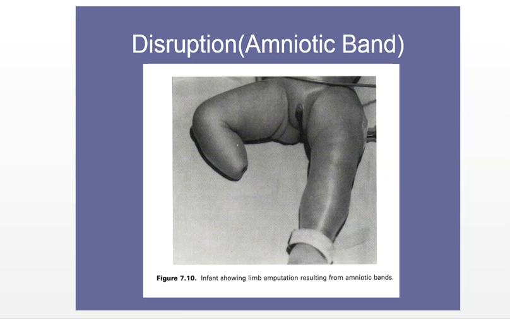Another thing is premature rupture of the membranes. It refers to rupture of the membranes before uterine contractions begin and occurs in 10% of pregnancies. Preterm premature rupture of the membranes occurs before 37 completed weeks of pregnancy, occurs in 3% of pregnancies, and is a common cause of preterm labor.